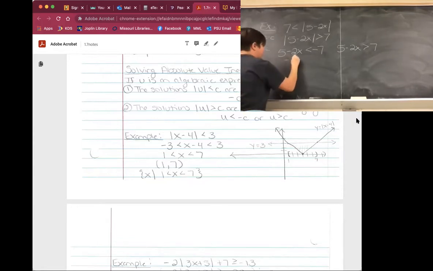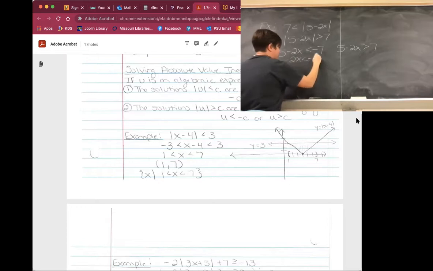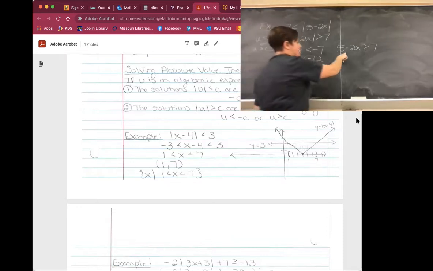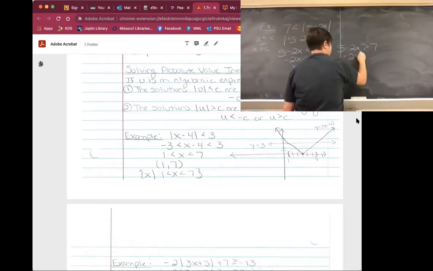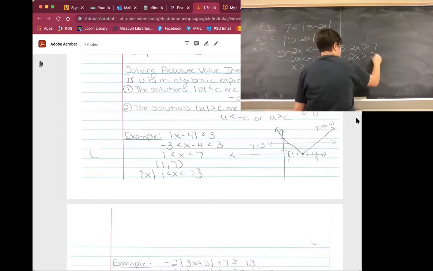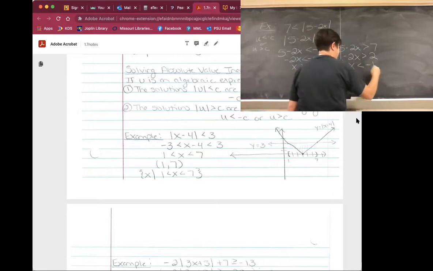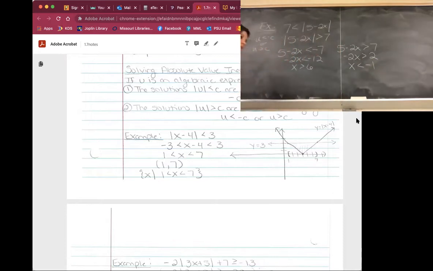So I'm going to subtract 5 and divide both sides by that -2, which flips my sign, and I get x is greater than 6. Or over here, I'm going to subtract my 5, divide both sides by -2, which flips my sign and tells me x is less than -1.